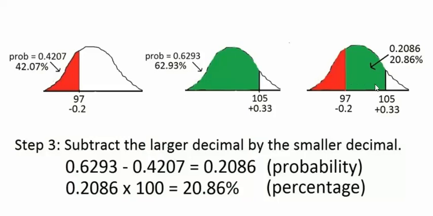So yeah, if you subtract a big piece by a smaller piece, you get whatever is left over. That's what's happening in this problem. So here's our answers.